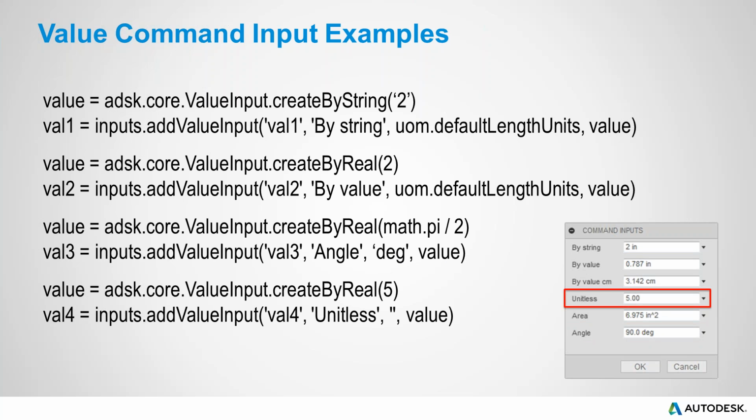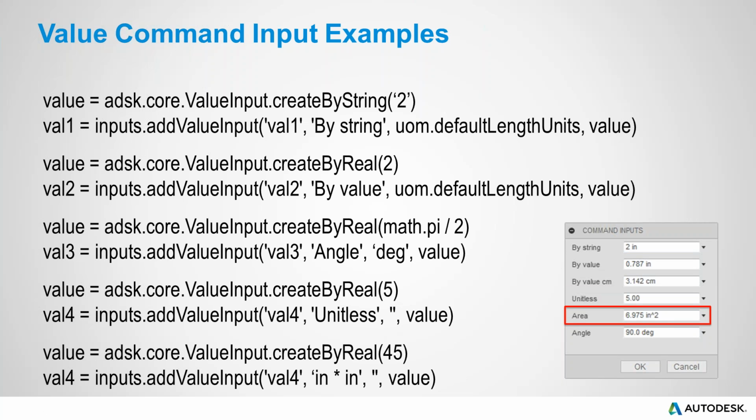And you can also create value inputs that are unitless. And so it's just going to get some number. And for the unitless values, it's an empty string. So we're not defining a unit, so that's interpreted as a unitless number.